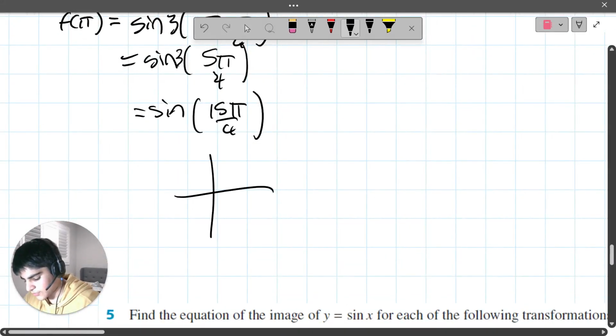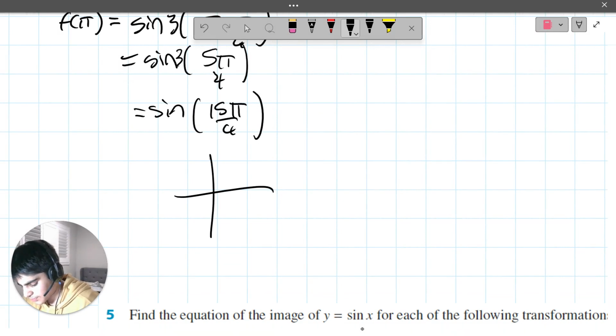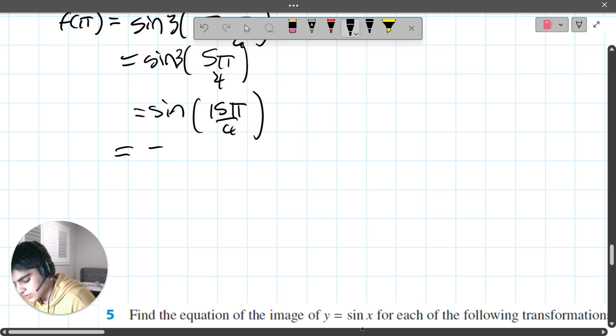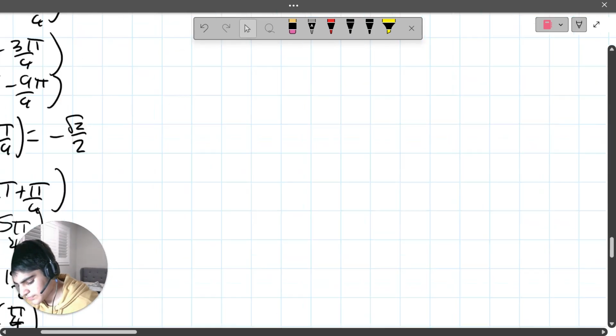Now 13 pi on 4 is equivalent to going four full rotations minus pi on 4, which is 1, 2, 3, 4, minus pi on 4. You end up with an exact value over here, which is below the x-axis. This is equivalent to negative sine pi on 4, which equals negative root 2 on 2.